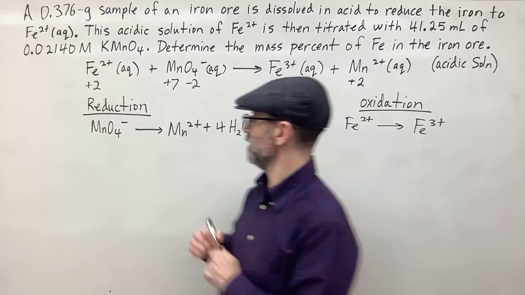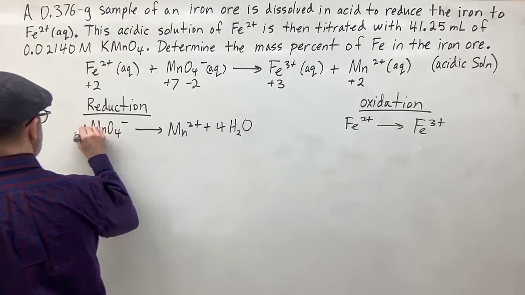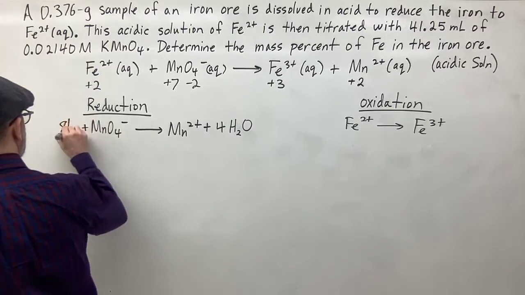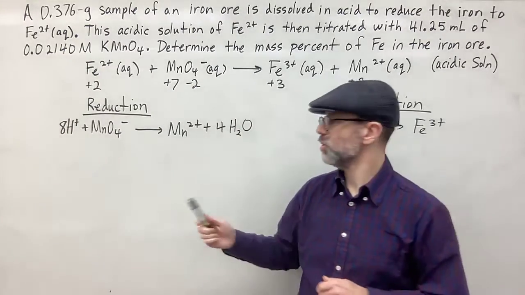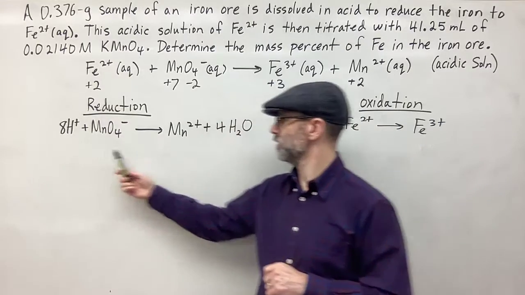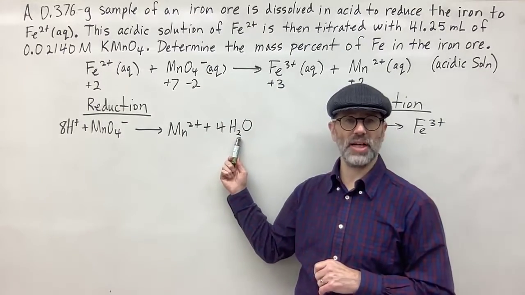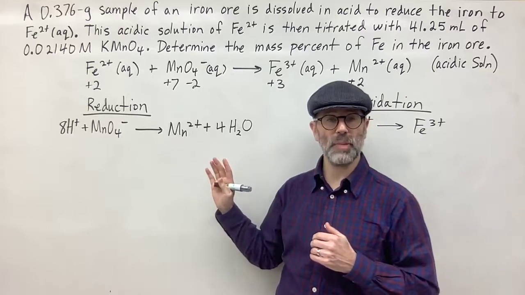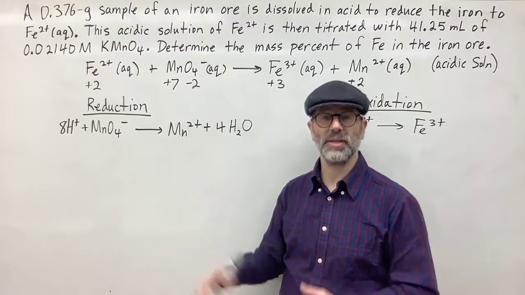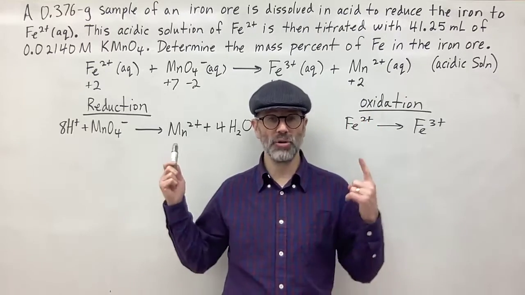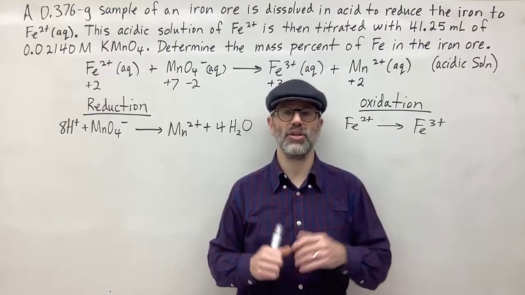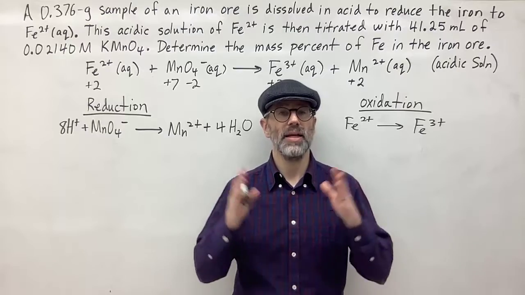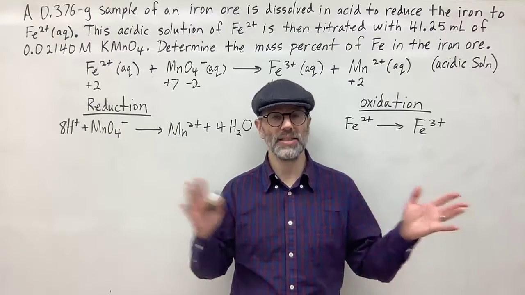So we're going to put on this side 8 H plus ions. So now I have 8 hydrogens on this side. I have 8 hydrogen on this side. Both sides are balanced with the number of atoms. So now both the reduction and oxidation half reactions are balanced as far as the number of atoms go on each side.